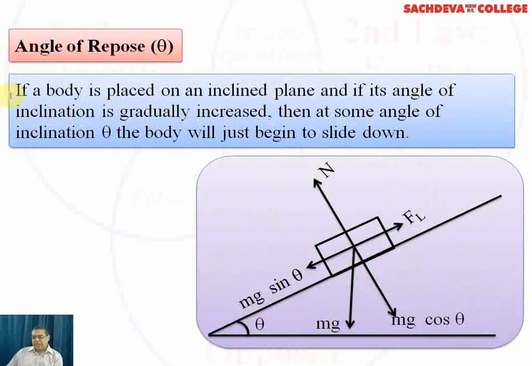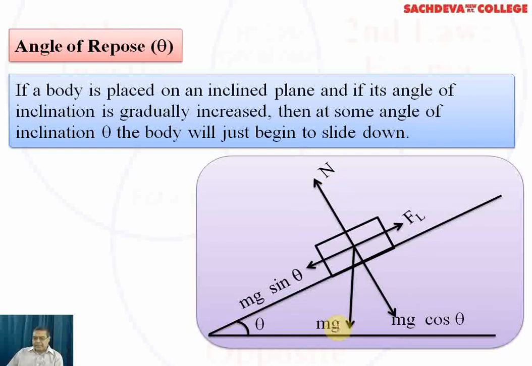Now we come towards the angle of repose, and for that we consider an inclined plane as shown in the figure. A block is kept on the inclined plane, whose surface is inclined at an angle theta. According to the diagram, weight mg is acting vertically down, and the normal reaction will be at 90 degrees to the surface.